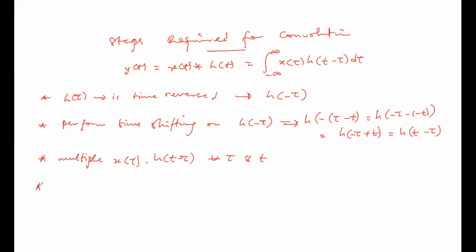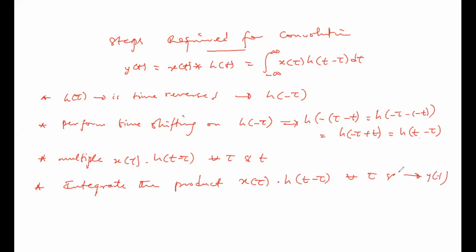Then, once that is done, you integrate the product of s of tau and h of t minus tau for all values of tau, to produce a single output, y of t. So this will give us y of t. So we're going to repeat this over the time interval.